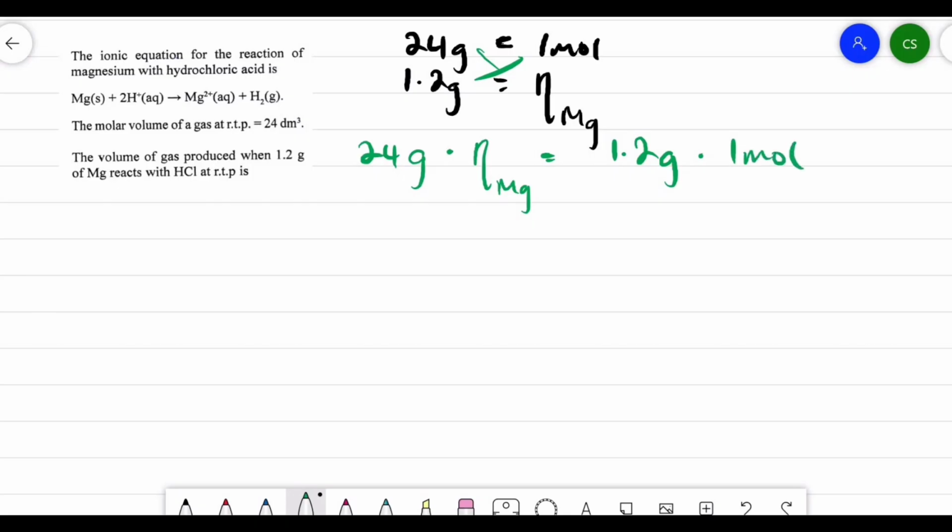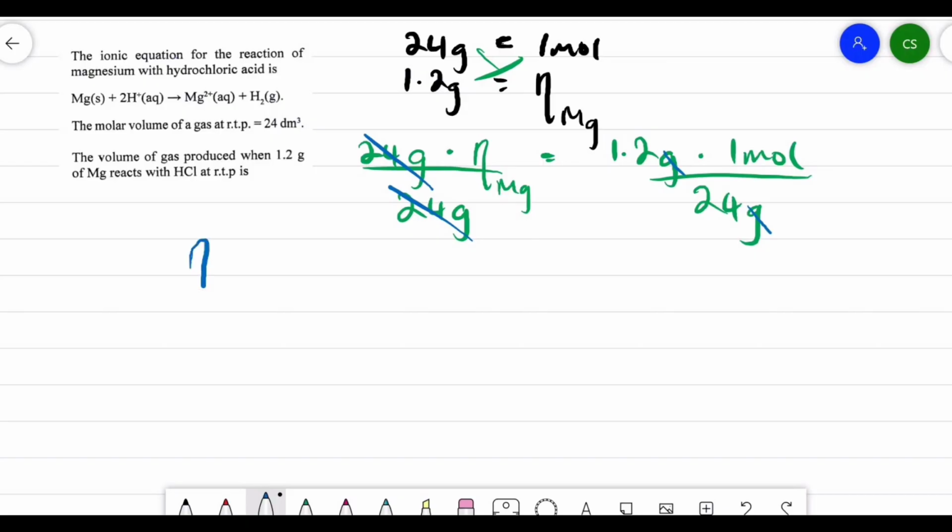Now, in order to get the number of moles on one side, we want to divide through on both sides by 24 grams. In the end, 24 grams will cancel 24 grams, and grams here will cancel grams here. So you'd be left with the number of moles of magnesium being equal to 1.2 moles over 24.